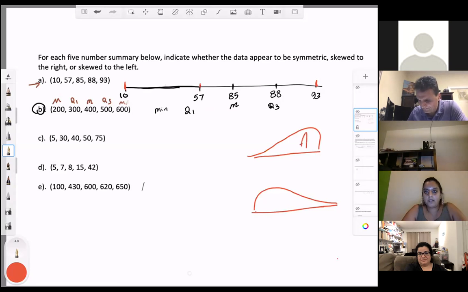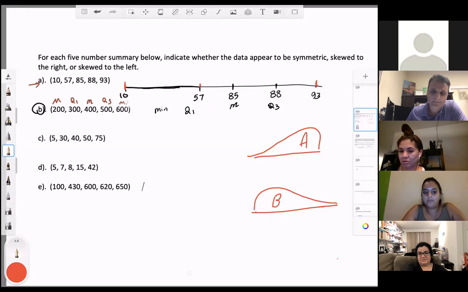Is that A or B? It's going to be A. I still think it's A. Is A correct? It goes to the left. Nice.